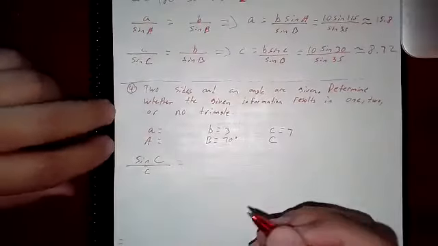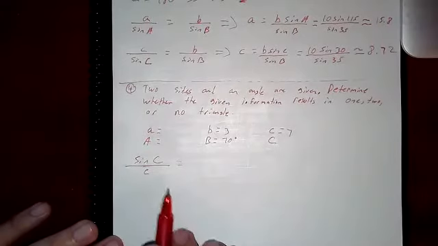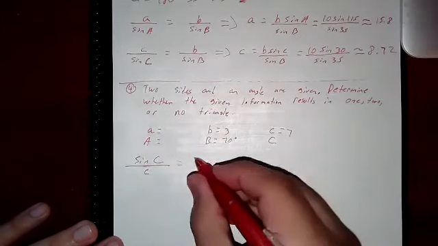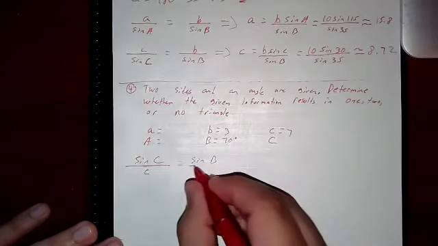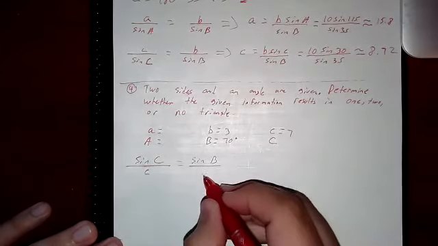Okay, so sine C over little c equals sine B over little b.